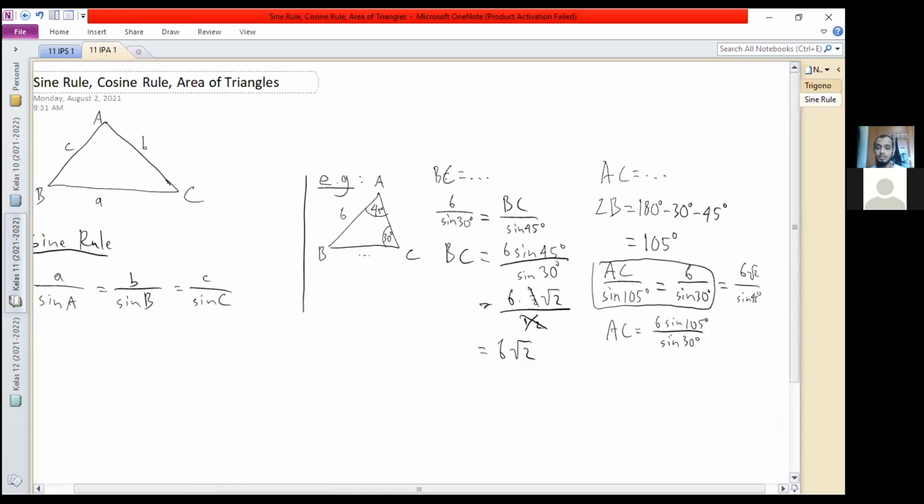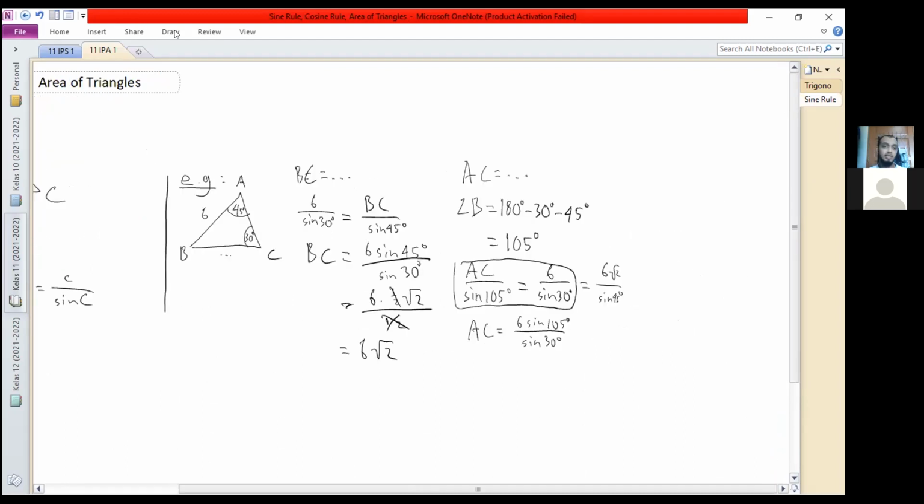So sine of 105 degrees, this is 90 plus 15, or actually this is also equal to 180 degrees minus 75.